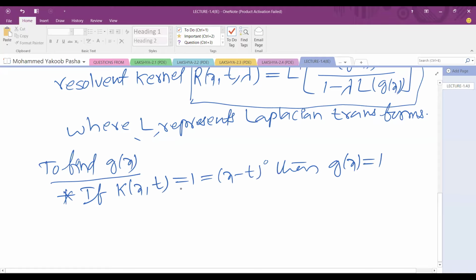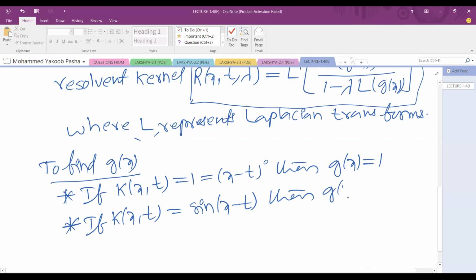When k of x comma t is 2, then g of x is 2. That means when k of x comma t is constant, that constant becomes g of x. Similarly, if k of x comma t is in the form of sin of x minus t, in this case g of x can be written as sin x.